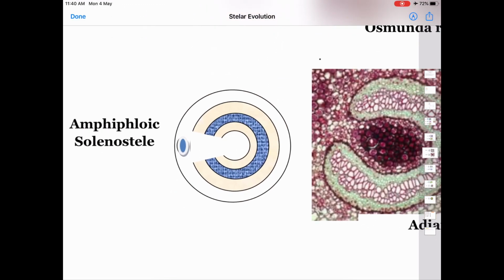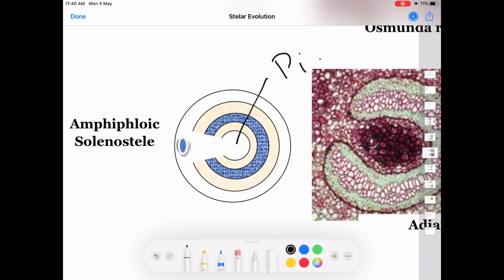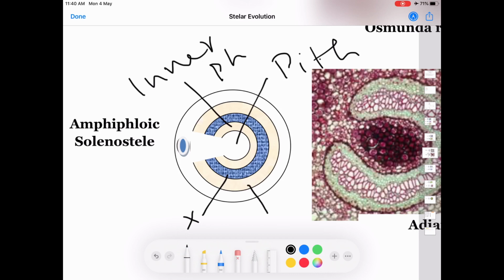Then comes the amphiphloic solenostele. In the case of amphiphloic solenostele, the central region is occupied by the pith, pith in turn surrounded by the inner phloem, and inner phloem in turn surrounded by the xylem, xylem in turn again surrounded by the outer phloem.